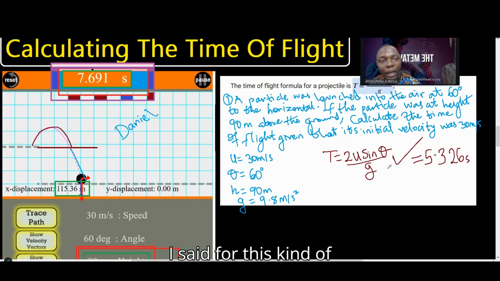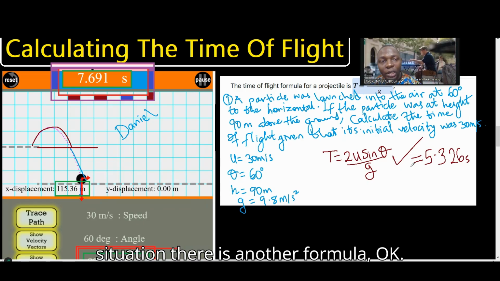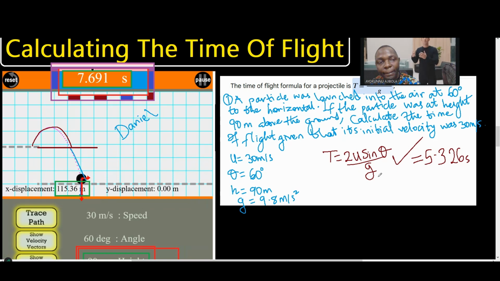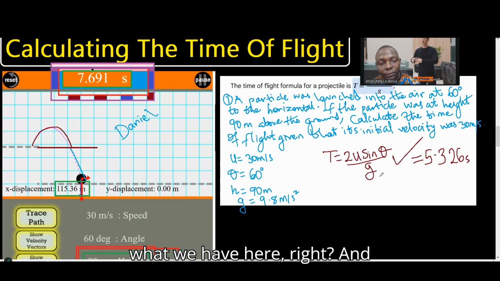I said for this kind of situation, there's another formula, okay? So the answer is not correct. Whether it is 5.3 or 5.1, it is not the same as what we have here, right? Yes, sir. And that is the point I'm trying to make.